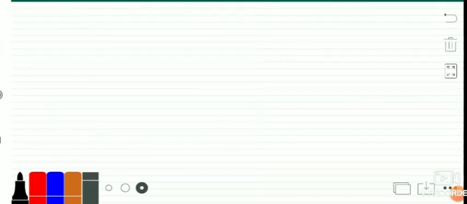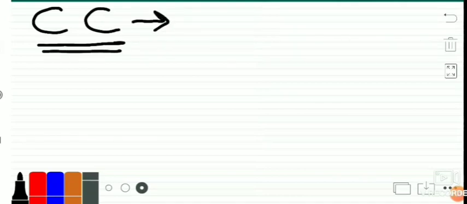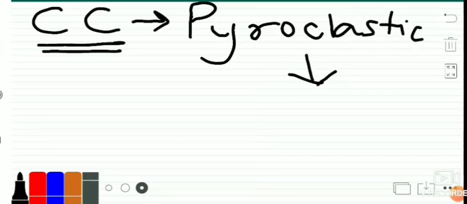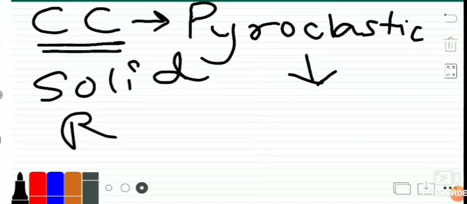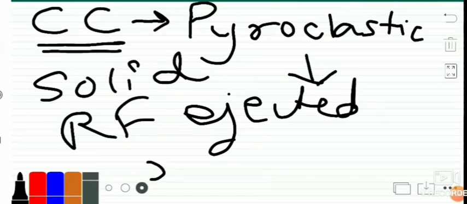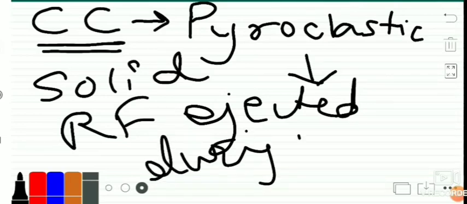Cinder cones are basically made up of pyroclastic material. I hope you know pyroclastic material. If you don't know, no worries. Pyroclastic material is the solid rock fragments which are ejected during a volcanic eruption, right?